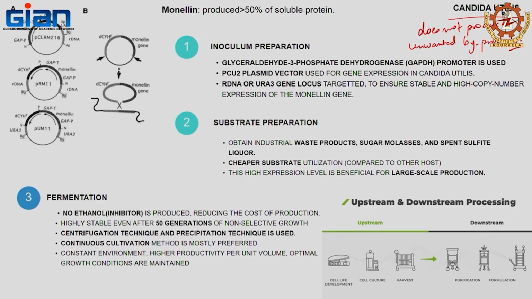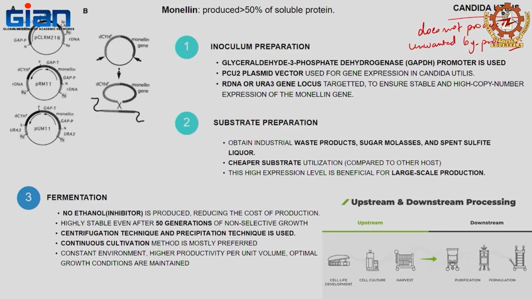Even though it has a slightly higher doubling time compared to other hosts, targeting specific genes such as the rDNA or URA3 gene locus will give highly efficient production, which may reach a higher cell density compared to other hosts.